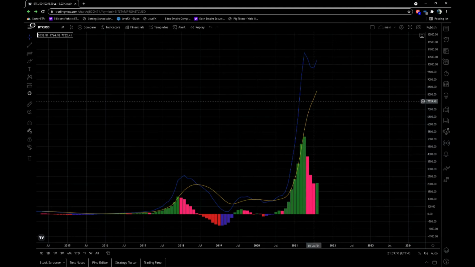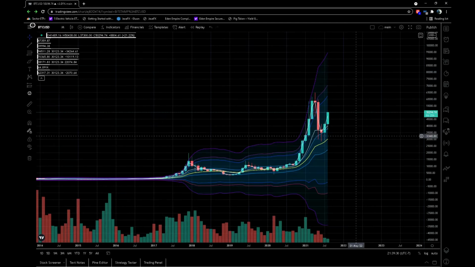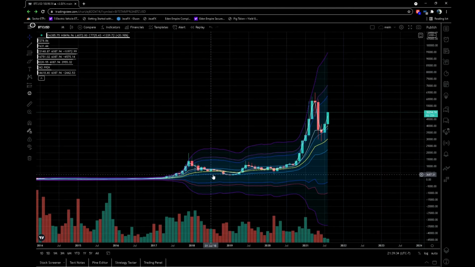And eventually this will cross down. This is not just going to be going up forever. You have to be nuts to believe that. Or just a moon boy who's in denial or something like that. Like new traders, they'll think it's just going to go up forever, right? So this will come down and we will cross below that yellow line, and then we'll have a run for a little bit, for a while.